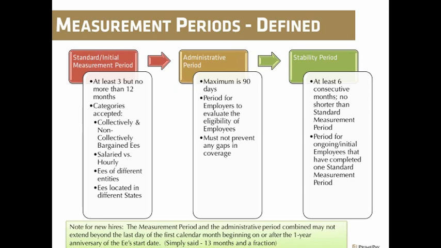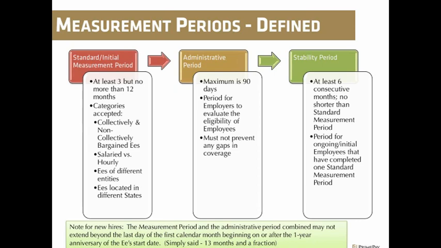A note, as you see there at the bottom, the measurement period, this is for new hires, okay? The measurement period and the administrative period combined may not extend beyond the last day of the first calendar month beginning on or after the first year anniversary of the employee's start date. Now, as your eyes kind of roll back into your head as I read that, I tried to write this next piece.